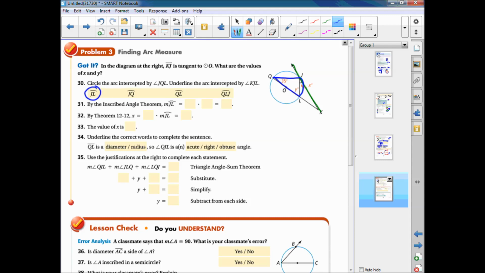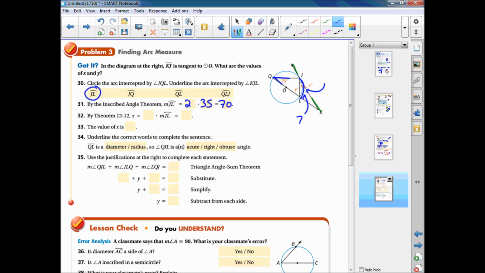Okay, by the inscribed angle theorem, the measure of arc JL should be equal to 2 times the measure of the inscribed angle. So 2 times 35 would give us 70 degrees. Okay, so we know that arc is 70 degrees. And then by theorem 12-12, this X that's inside of there uses this same arc.